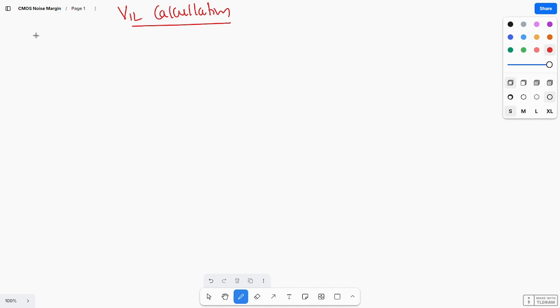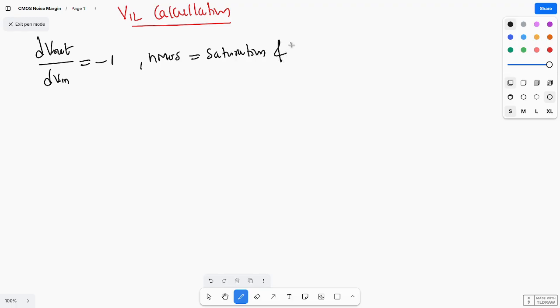So in this situation, dVout by dVin is equal to -1. In this, NMOS will be in saturation, and PMOS will be linear.